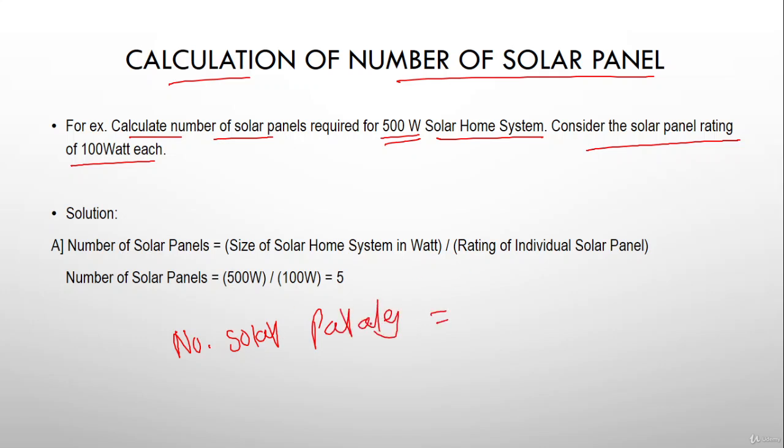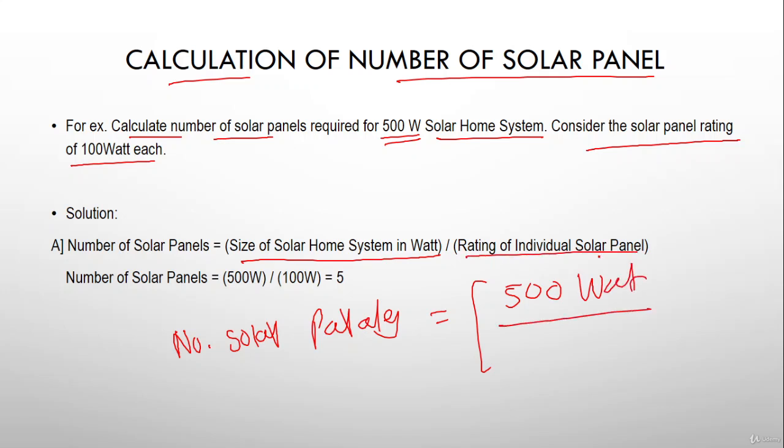So the number of solar panels is equal to the size of the solar home system in watt, which is 500 watt, our requirement, divided by the rating of the individual solar panel. So in this case, the individual solar panel will have a rating of 100 watt over here. So from this we can calculate that a total of 5 solar panels are required to fulfill the need of the consumer for the 500 watt solar home system.